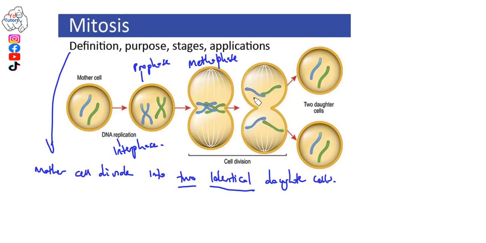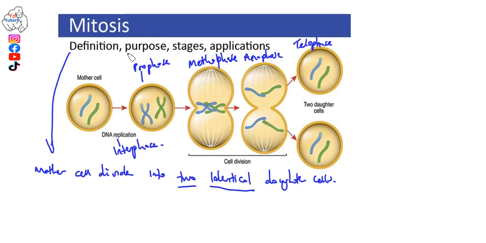Then anaphase happens, where your chromosomes are moving to opposite poles, and in the end we have telophase. You can see there is cell invagination here, but don't stress about it. I'm just indicating that the chromatids are moving to opposite poles, separating.